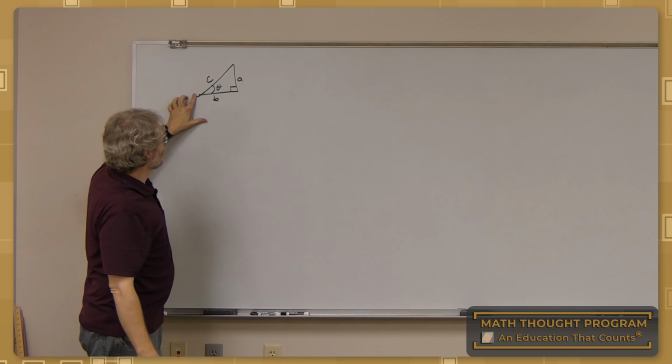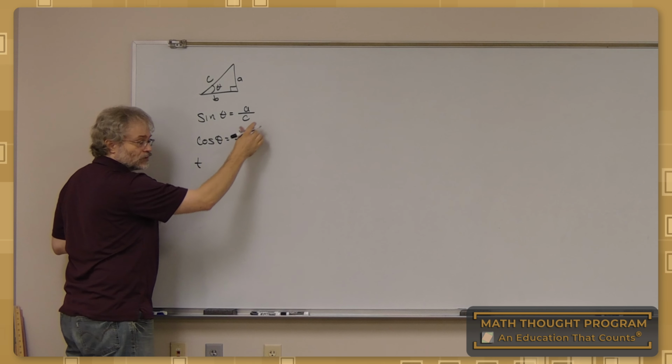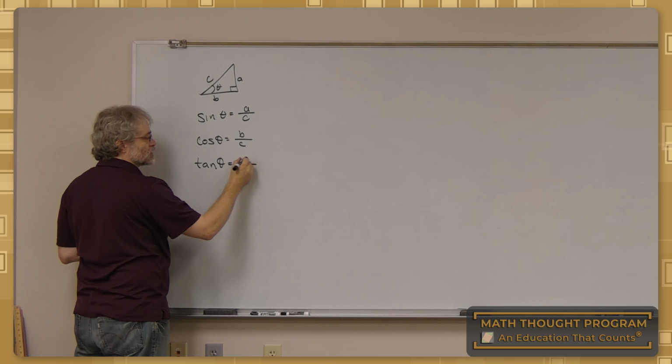But anyways, we started off, we said sine theta is going to correspond to A over C, and cosine theta is going to correspond to B over C. And then if you take the ratio of the two, you get tangent. And one of the things we also discussed is tangent.